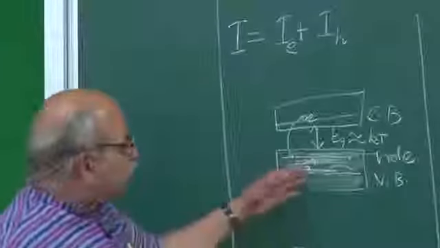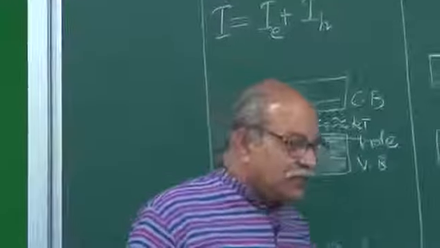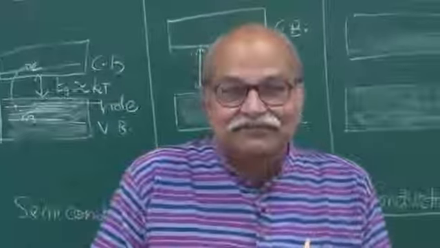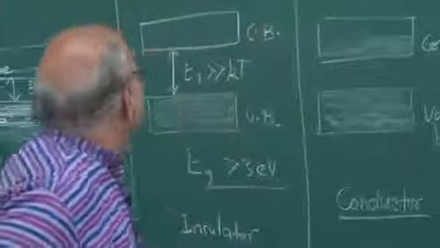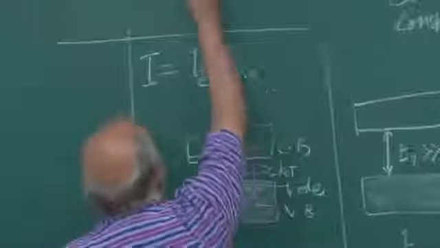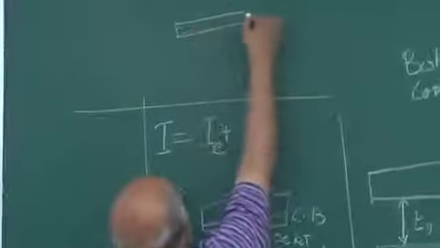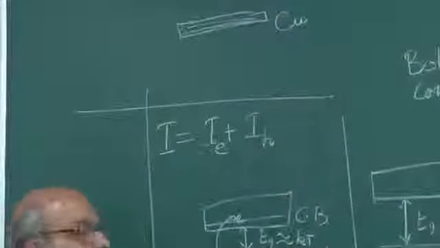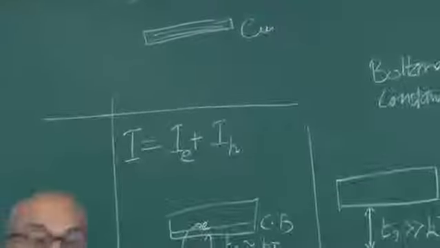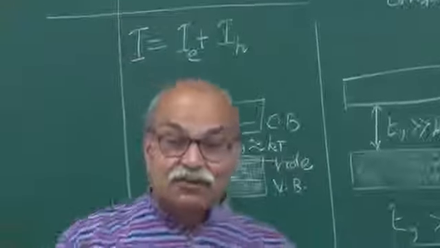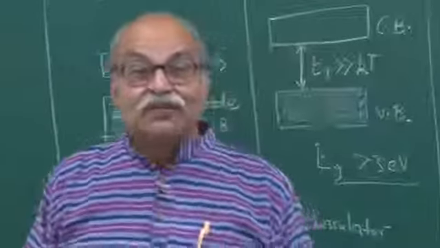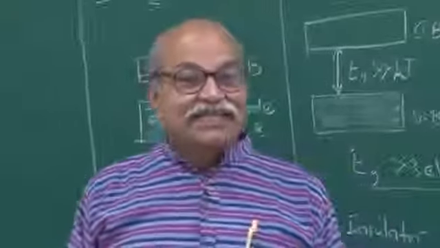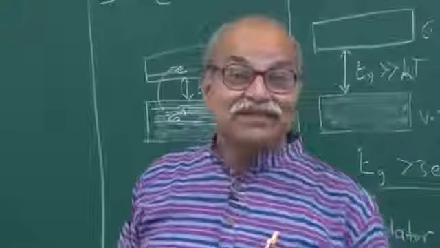Now this has a profound effect on the temperature dependence of resistivity or conductivity. You must know this formula for the resistance of a wire, a metallic wire, copper wire for example, or aluminum wire, or tungsten wire in the filament bulbs which are now gradually going away from this world because of LEDs. That is also a semiconductor evolution.